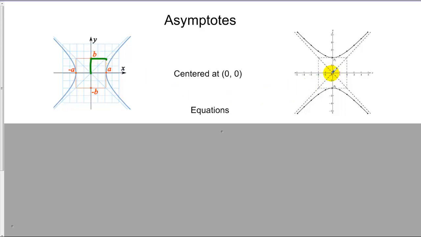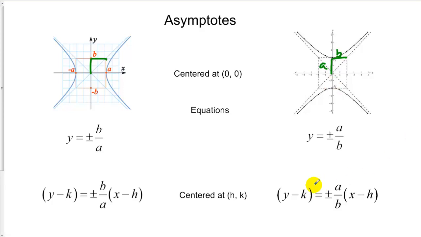Likewise, if I have a vertical opening hyperbola, I rise to the vertex, which means I'm rising A and I'm moving over a run of B. So, if I want to express these equations, I can say the equations for a centered hyperbola at 0, 0 is plus or minus B over A x and plus or minus A over B x for my centered hyperbola going up and down.